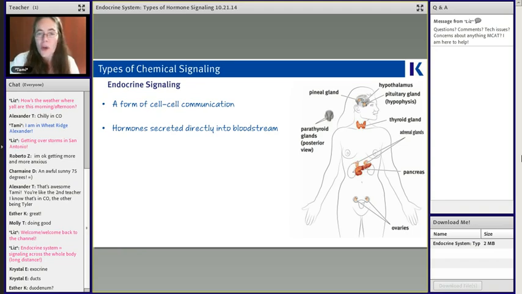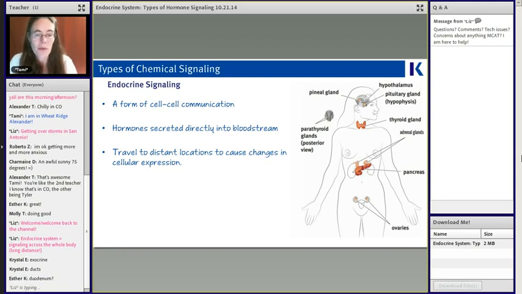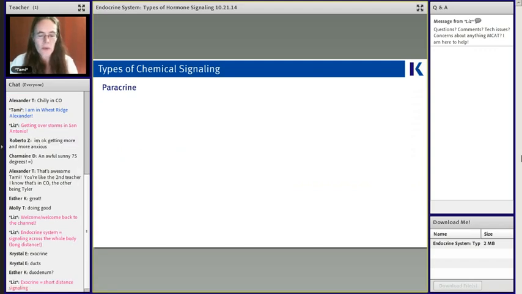Good. So endocrine is directly into the bloodstream, so this goes throughout our entire body. Then we're traveling to those locations, and it causes different changes in cellular expression depending on what it is that we are talking about. And we're going to get into this a little bit later. But before we do this, we want to talk about paracrine, autocrine, and juxtacrine system.